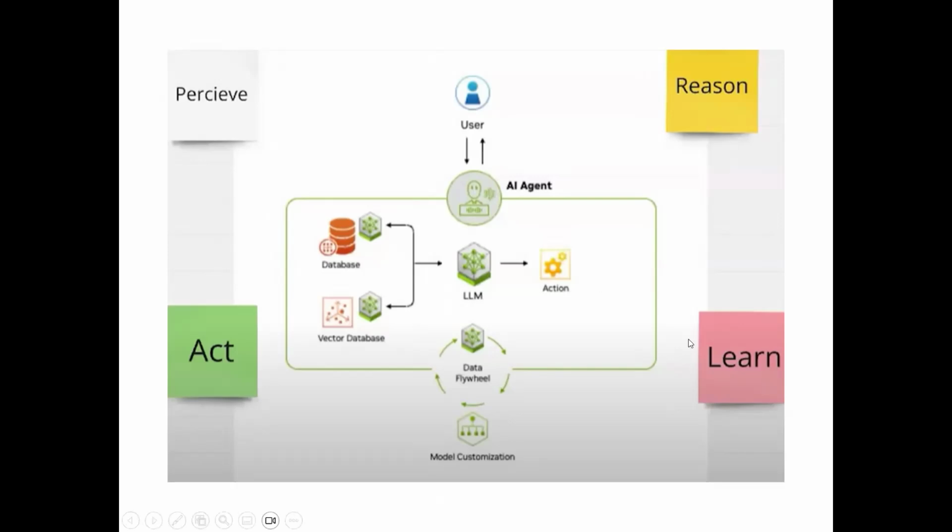Coming to learn, which is something like improving continuously. Agentic AI learns from outcomes and feedback, like reinforcement learning and fine tuning from user feedback, updating models with new data. So, for example, it learns which types of alerts were false positives and adjusts detection rules for next time.